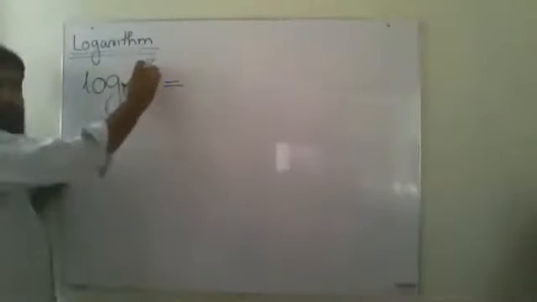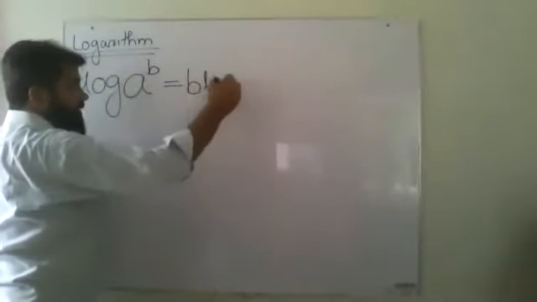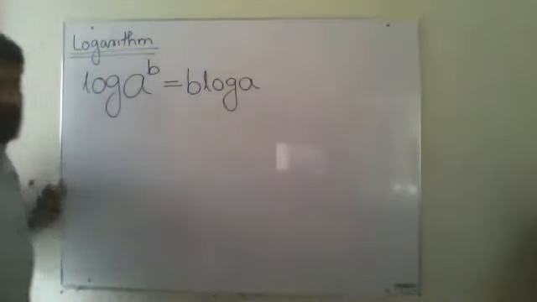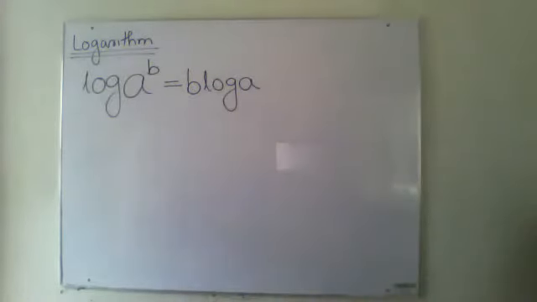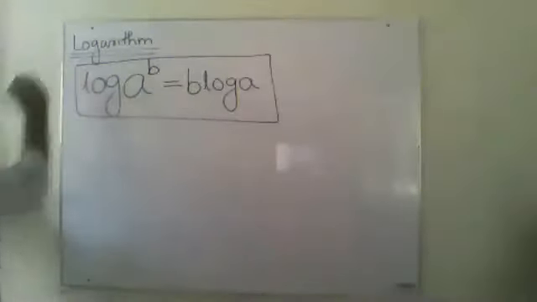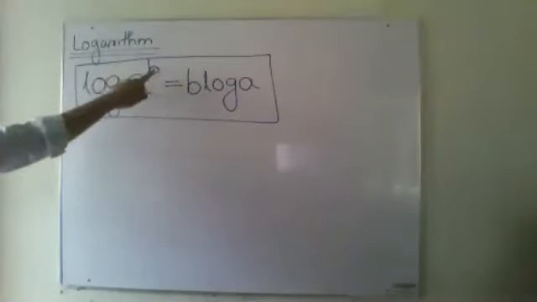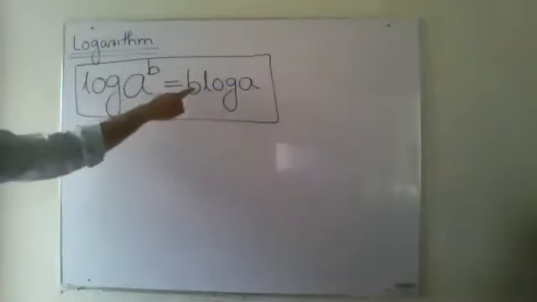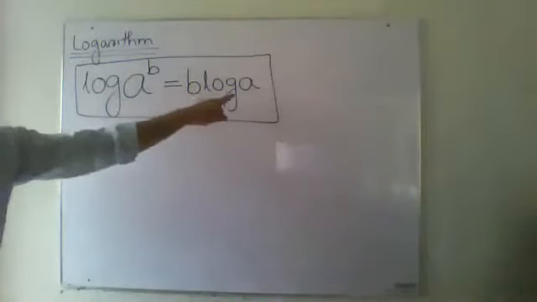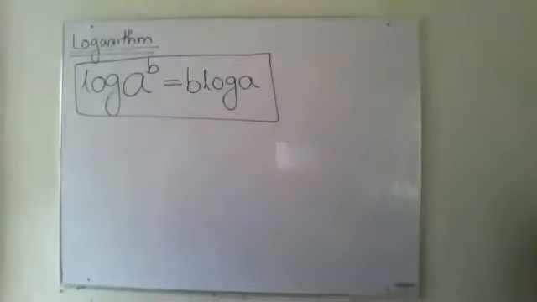You will take that power and write it before log. This is your first rule of log. Log with a multiple having a power will be equal to the power multiplied by log of the multiple. This is the first rule which we are going to follow.